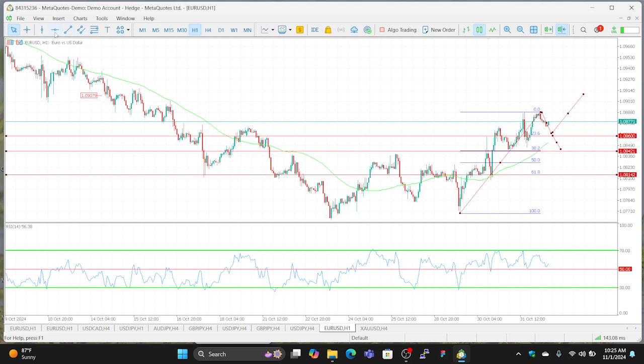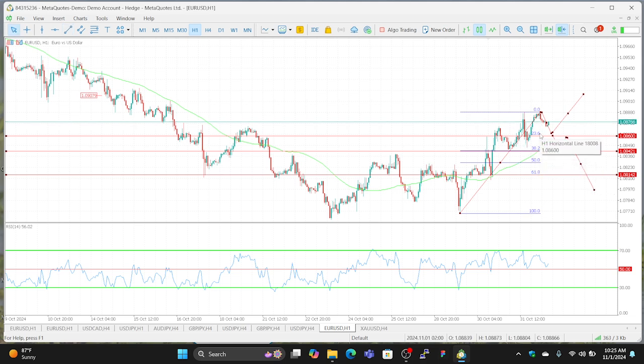It's expected to test here and come back, find this as new resistance, and if it breaks this, the price continues downwards this side. Specifically, that's how we're going to be looking at this.